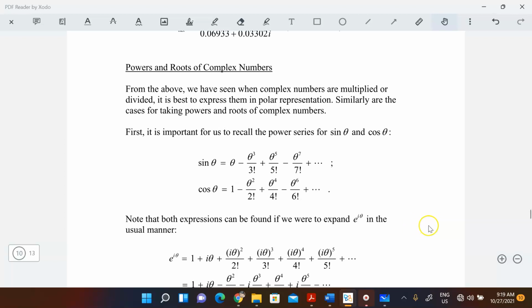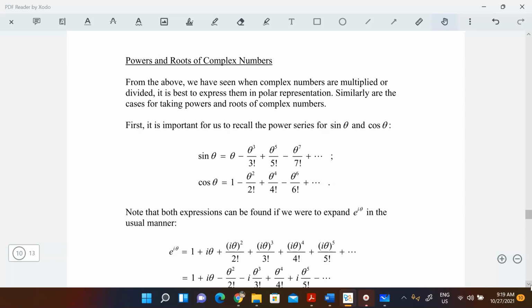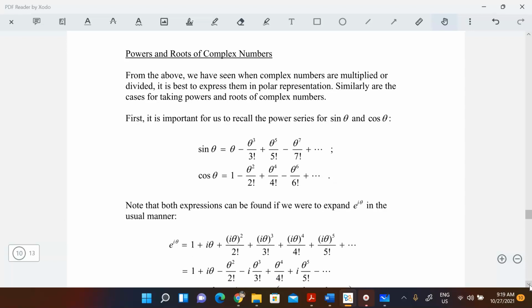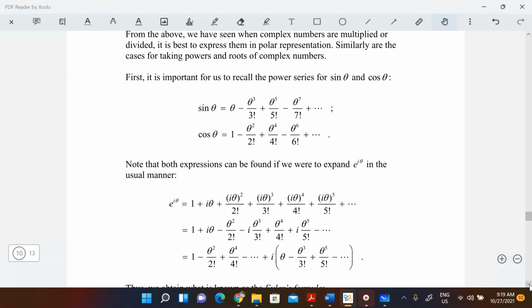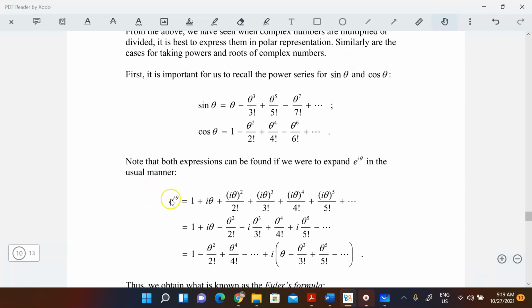So how can you get this? Okay, I'm showing you a slightly different function now. If I were to expand your exponential with i theta, remember the exponential function is just e to the x equals the sum of x to the n over n factorial.